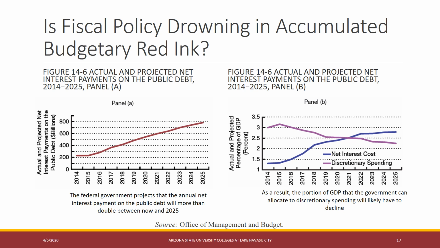In panel A, you can see the federal government projects that the annual net interest payment on the public debt will more than double between now and 2025. As a result, as you can see in panel B, the portion of GDP that the government can allocate to discretionary spending will likely have to decline.